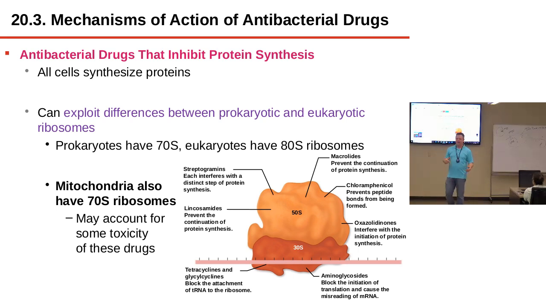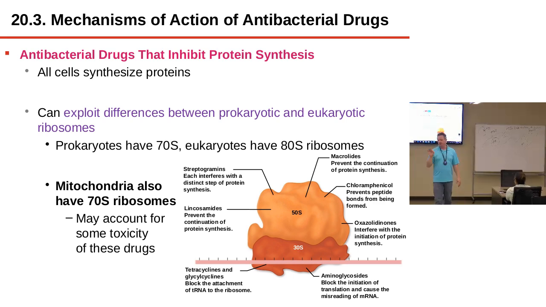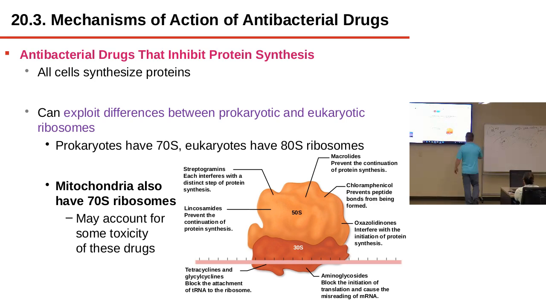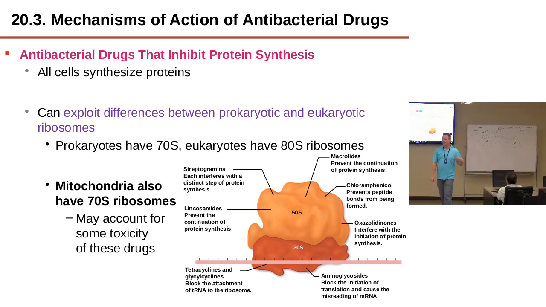And so mitochondria, if you don't remember this from freshman biology, have their own DNA and actually make their own proteins. So inside the mitochondria, they actually have their own ribosomes. The ribosomes are 70S because, again, it backs up the theory that mitochondria were at one point a bacteria.